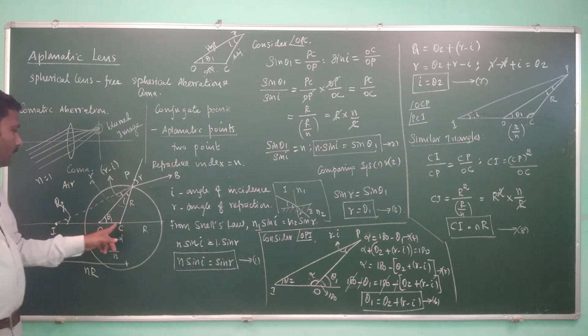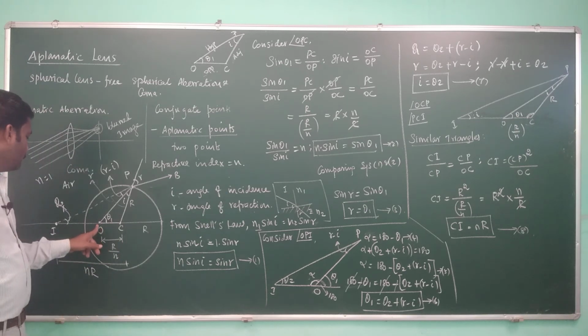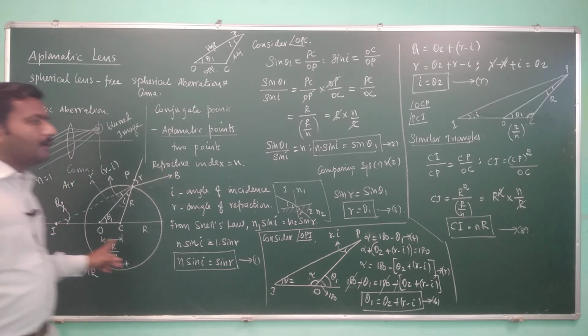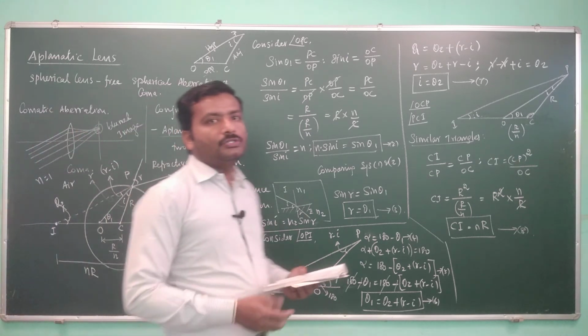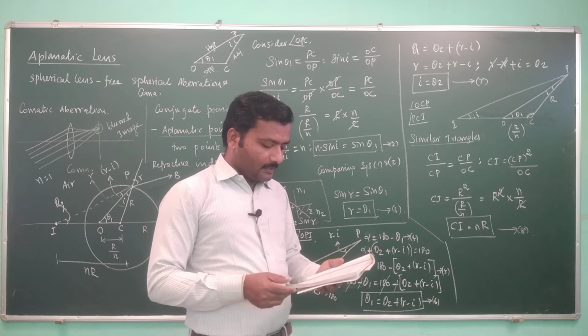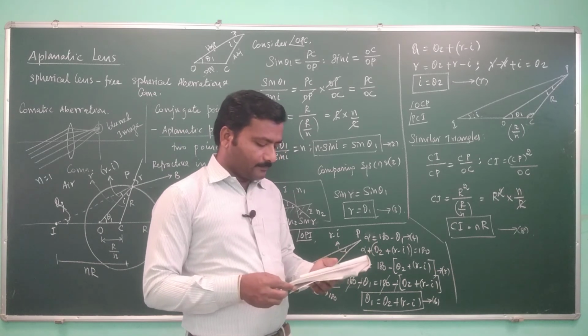Now, these points O and I are said to be conjugate points or aplanatic points, right?